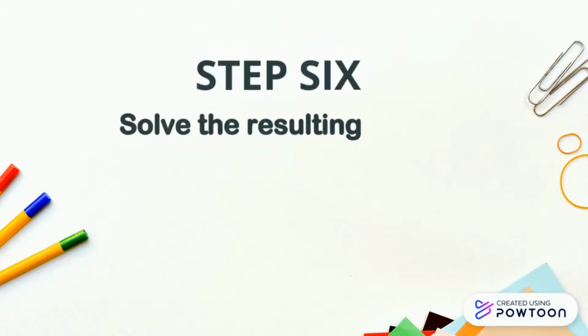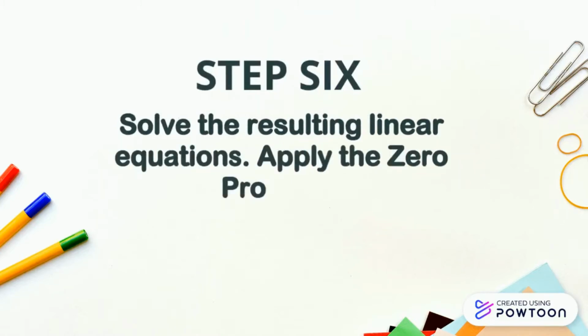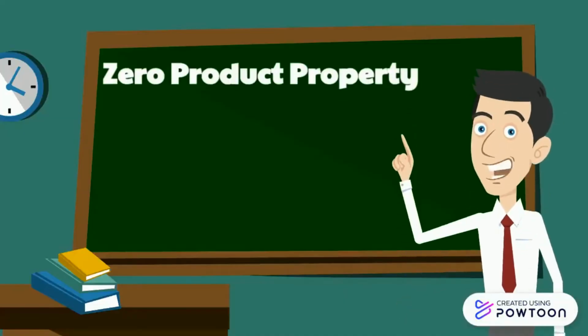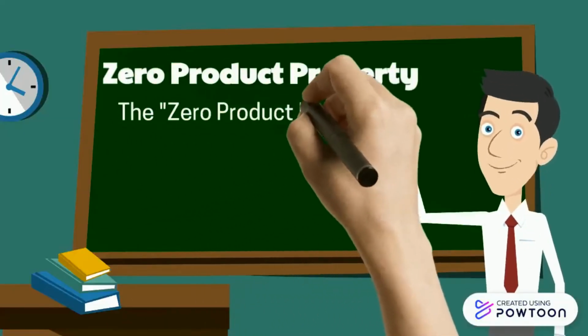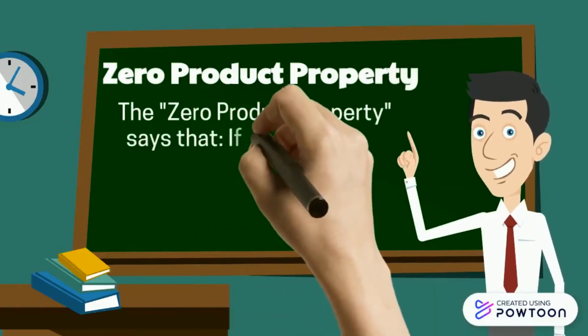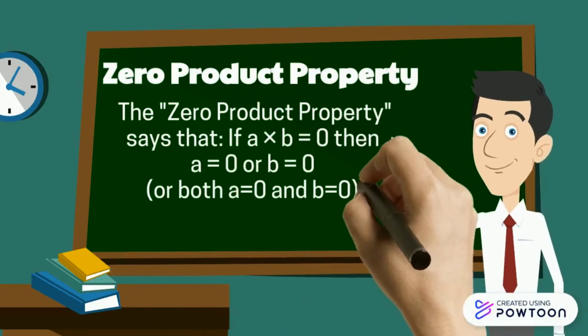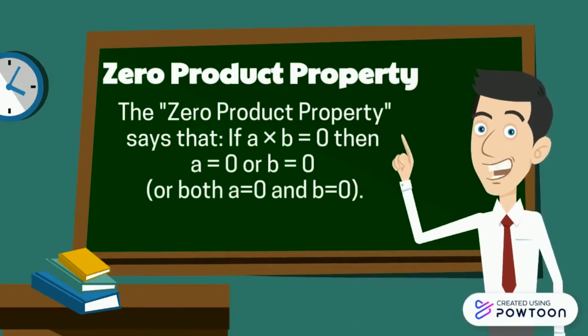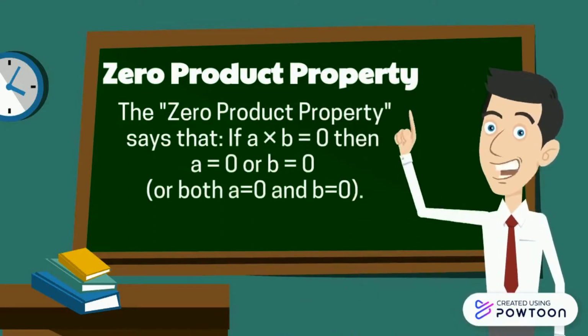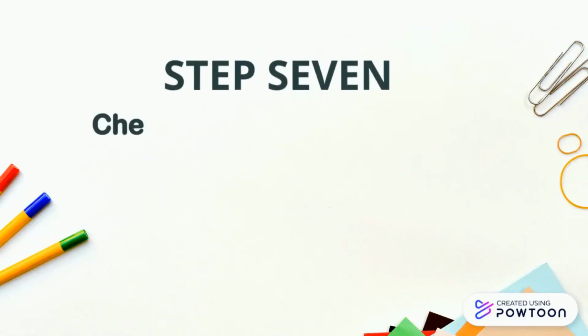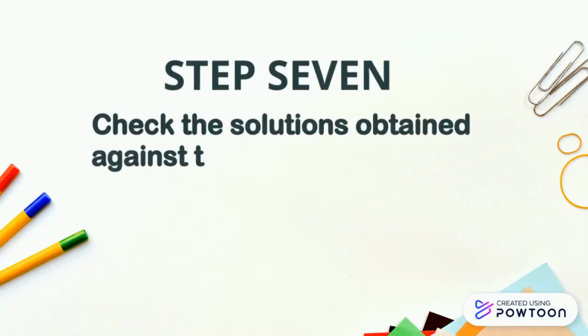Solve the resulting linear equation and apply the zero product property. Take note that the zero product property says that if a times b is equal to 0, then a is equal to 0, or b is equal to 0, or both a and b are equal to 0. Step number 7. Check the solutions obtained against the original equation.